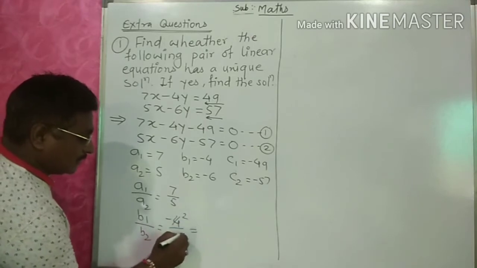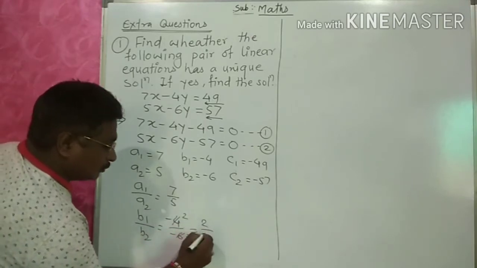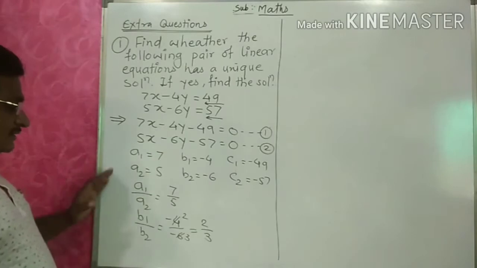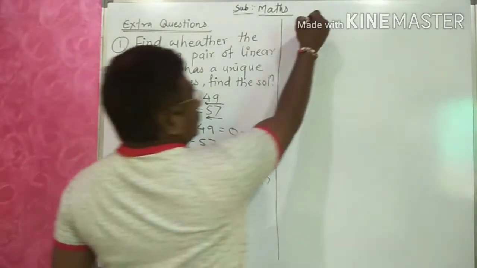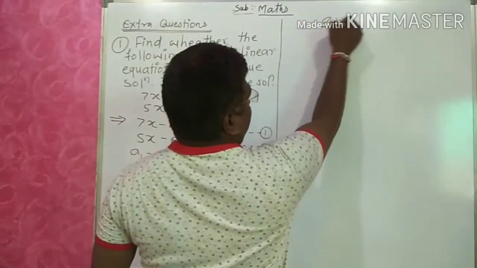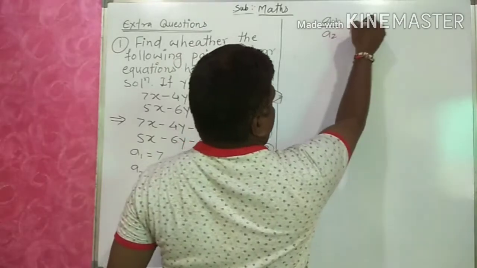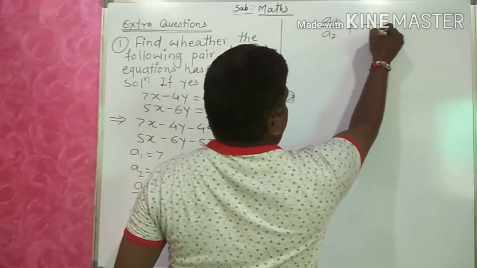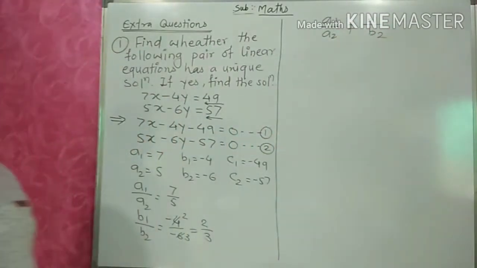So 2 2s are 4, 2 3s are 6, so 2 by 3. So what can we say from this? Therefore, a1 by a2 not equals to b1 by b2. Got this? So now the condition we got.